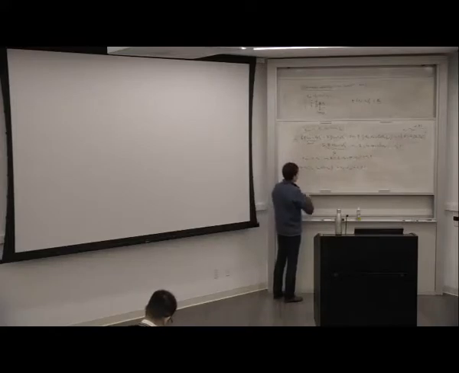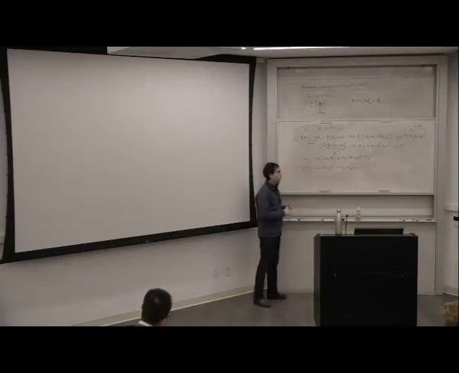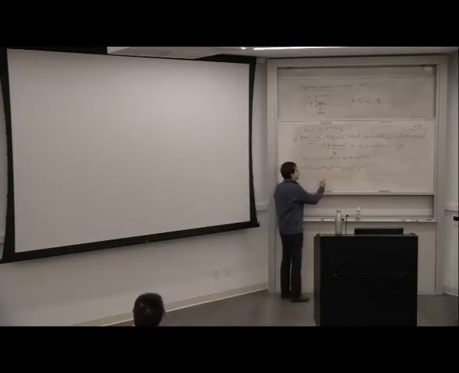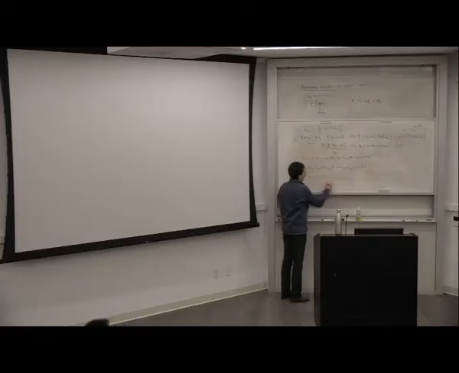If you think about this expression, it's the same as xt minus x star times gradient of f of xt minus gradient of f of x star. Because this is 0, I just add it here. Intuitively speaking, I can just pretend that this is the Hessian times xt minus x star.